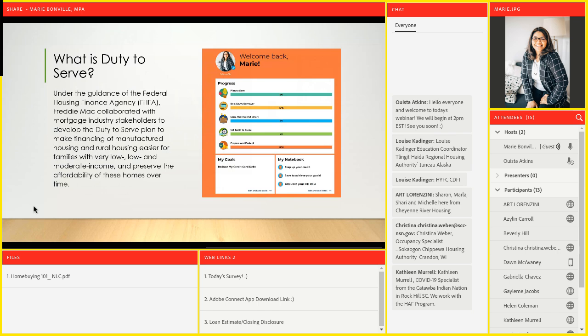Increase manufactured housing, because typically on the reservation, manufactured housing is much more prevalent than any other type of housing structure. And then you also have this commitment to rural areas, low, very low, moderate income areas where there just isn't enough housing, and that could be lack of infrastructure as well. But how can we work together to get there, right? These organizations have a duty to serve.